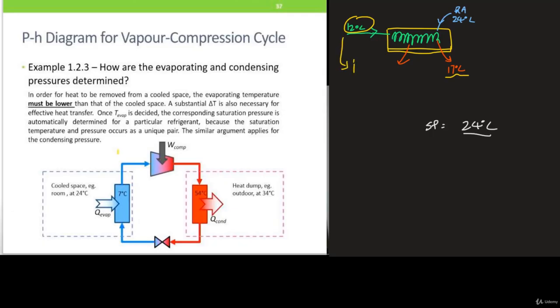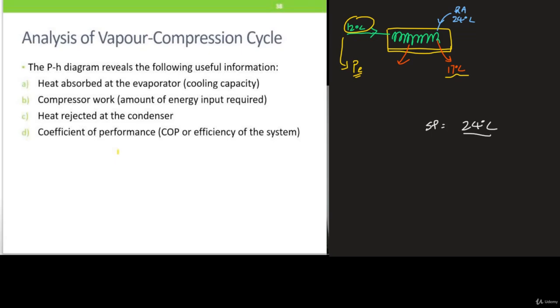And because of that, your condensing pressure is the same thing. It depends on how well you remove heat from the condenser, and you will have a certain pressure. So that is the reason behind it. We will stop over here before we continue with the next part of the lecture.